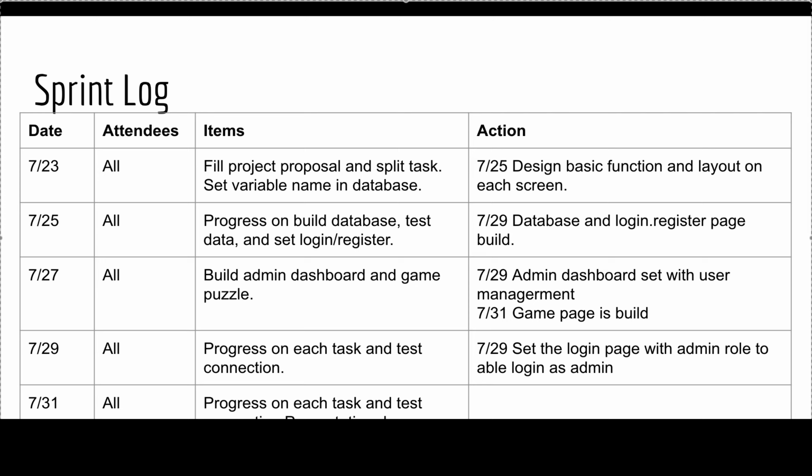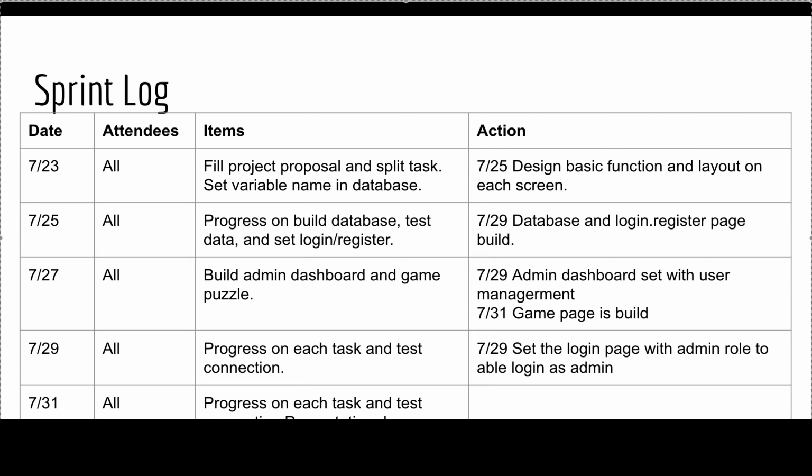So what we did on 7/23, it says we filled the project proposal, and 7/25 we progressed on build database, and we tested our data and set login register. On the 27th, we built admin dashboard and game puzzle. On the 29th, we progressed each task and test connection.